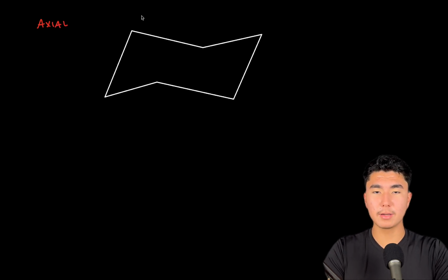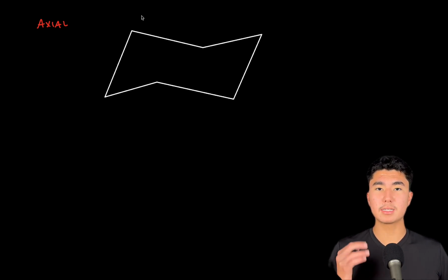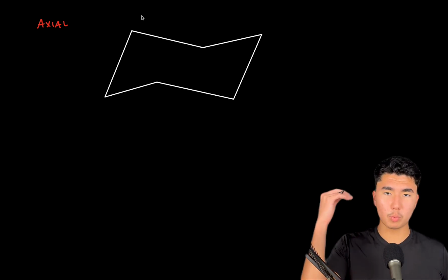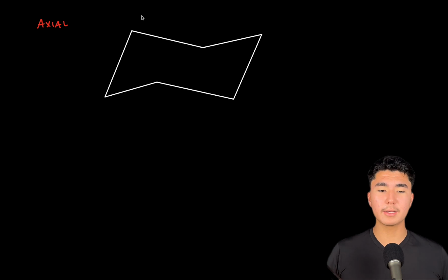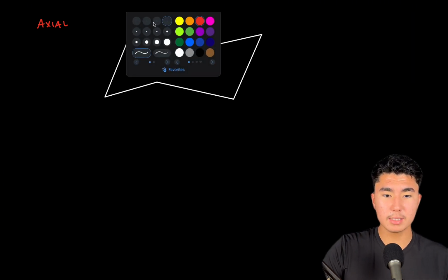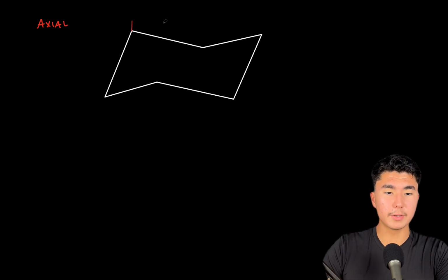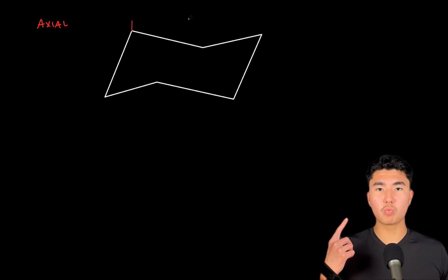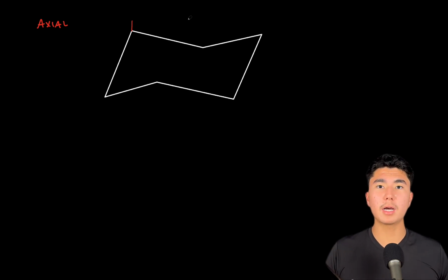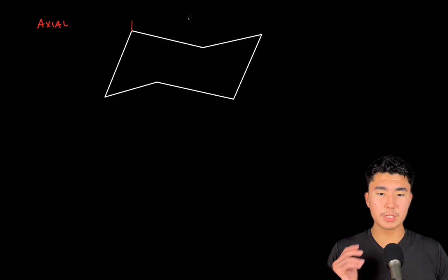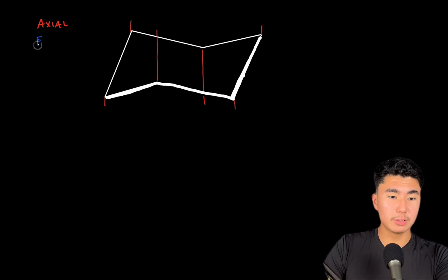If you think about an axis, like the Earth spins around an axis, that axis is pointed straight up or straight down, whichever way you want to look at it. Over here, if we see those red lines going up or down, this is a hydrogen bonded in the axial position. Now let's look at our other position, which is known as our equatorial position.